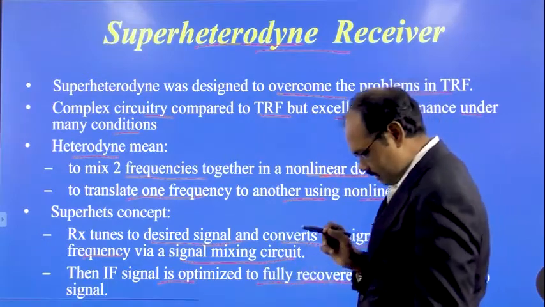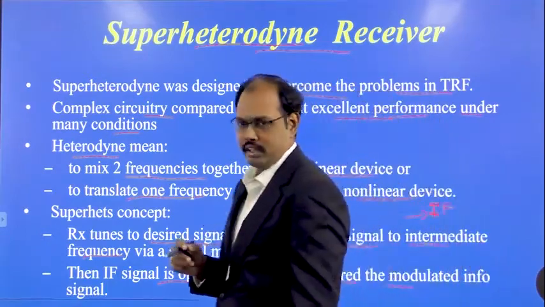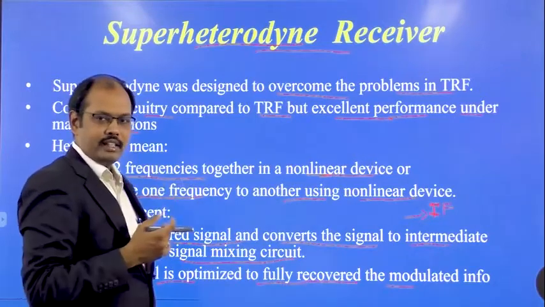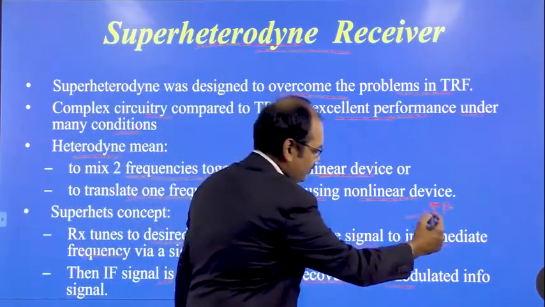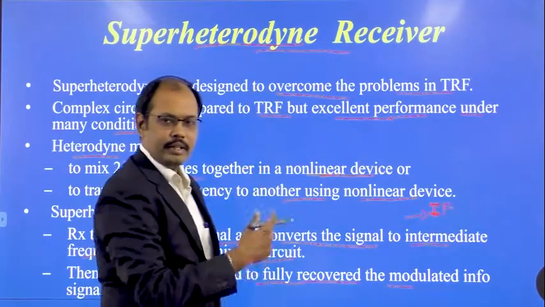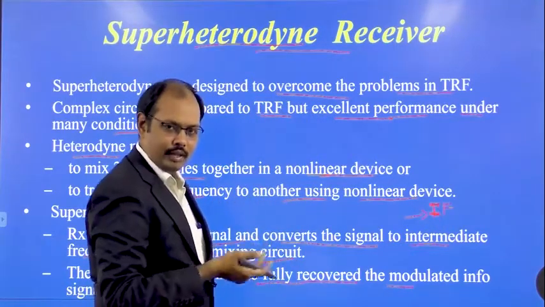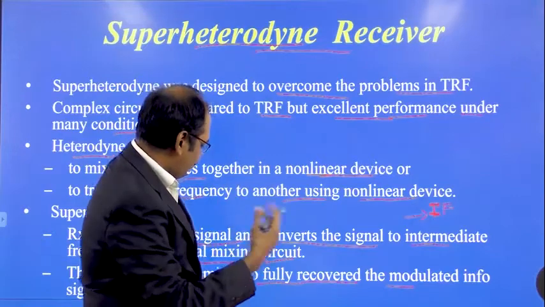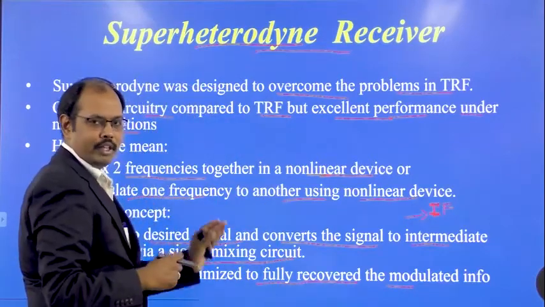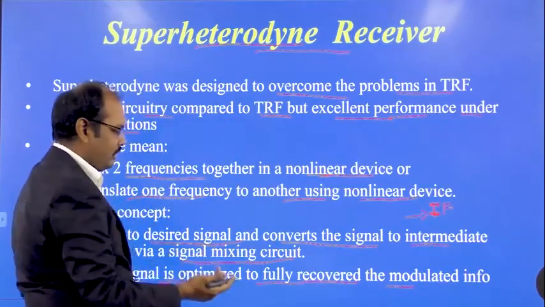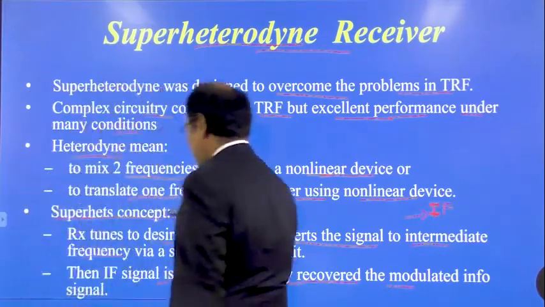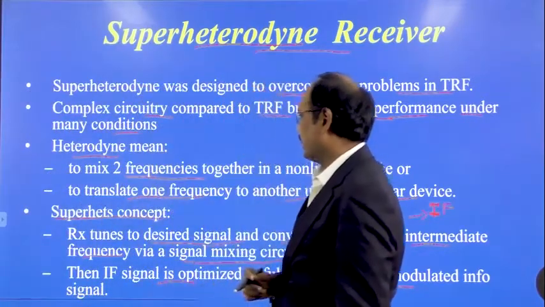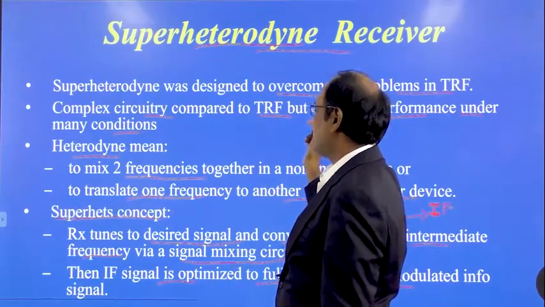That is, in the super heterodyne receiver, all the incoming signals will be converted into a particular frequency, the intermediate frequency. From the intermediate frequency we get back the original modulated signal. That is the super heterodyne concept, so only then do we call it a super heterodyne receiver.